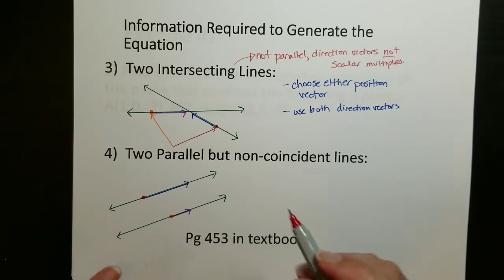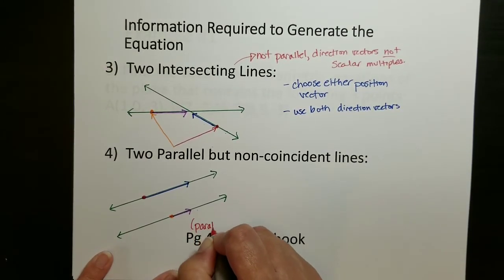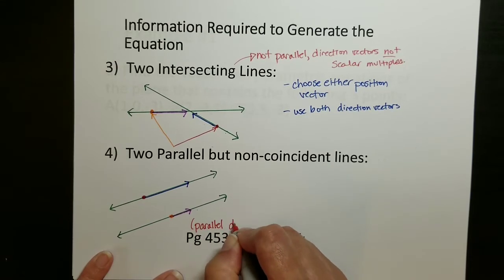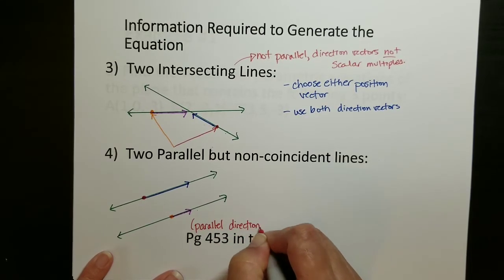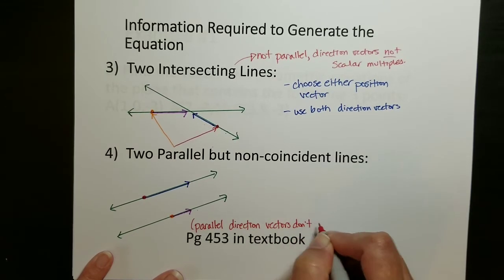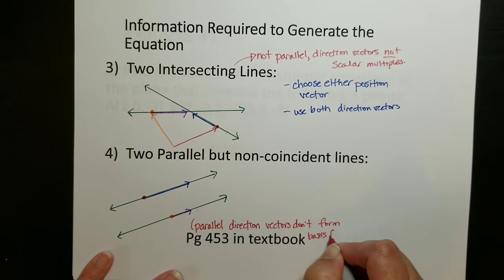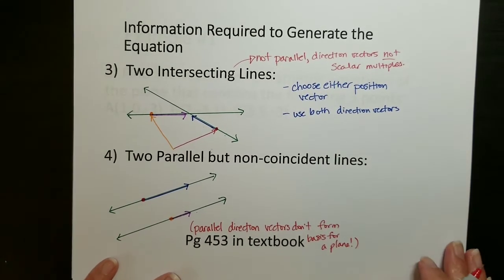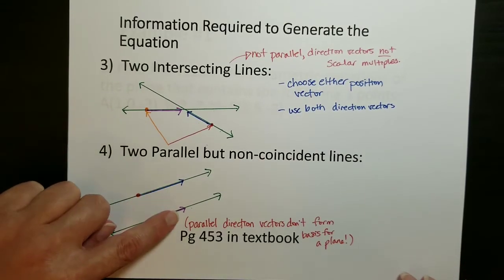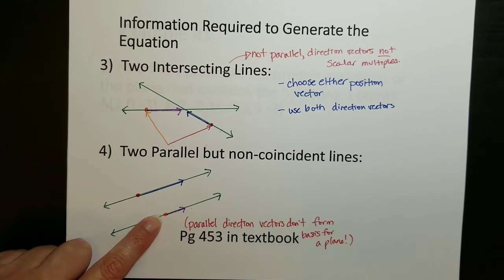So parallel direction vectors don't form the basis for a plane. I can't use both of those direction vectors, the blue one and the purple one.